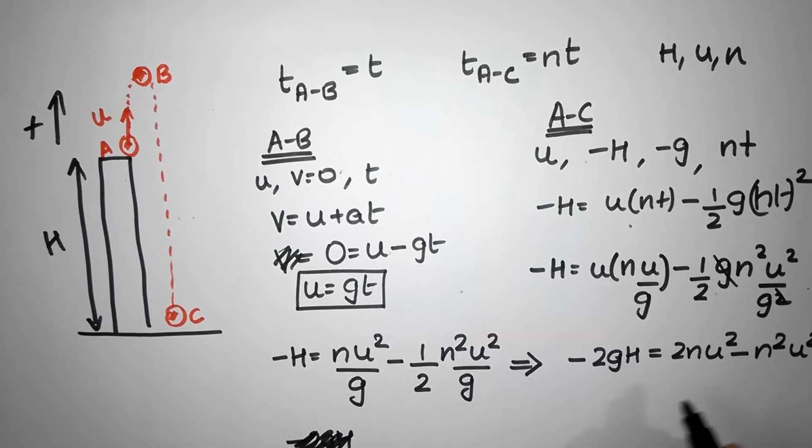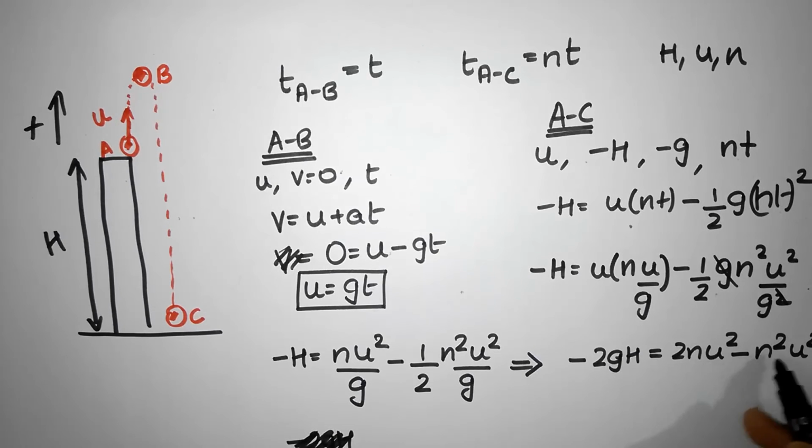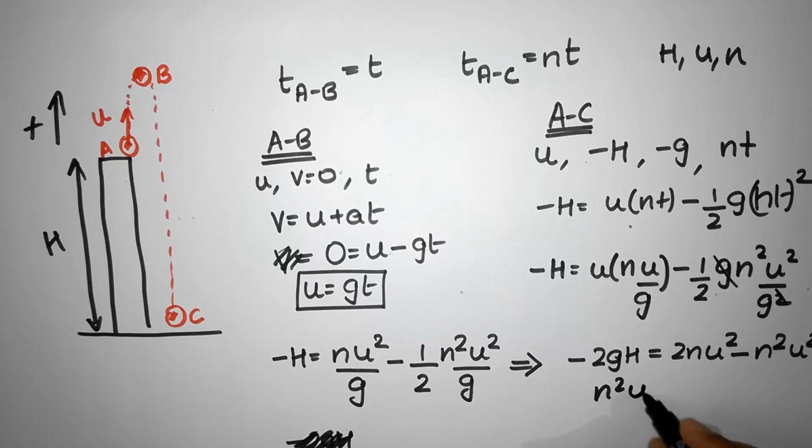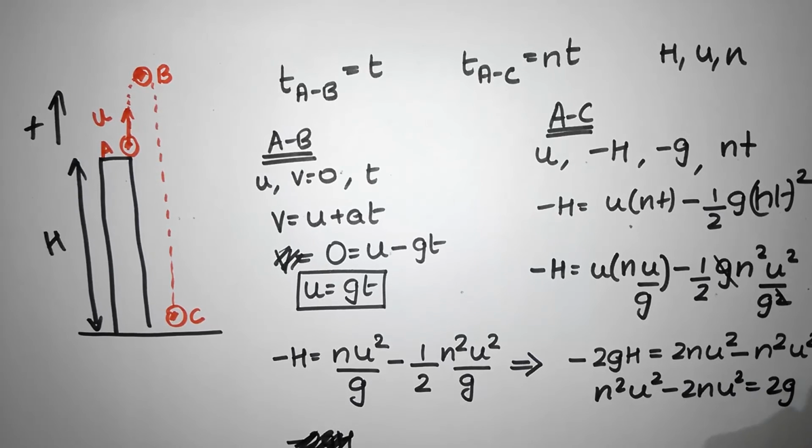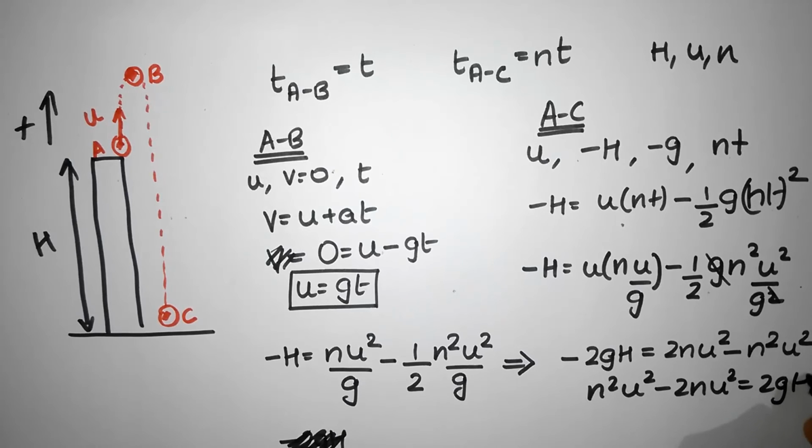Alright, that's it. And so I can take something common, maybe shift this over here. n squared u squared minus 2n u squared equals 2gh. And finally I can pull out an n, and I can pull out a u squared probably.